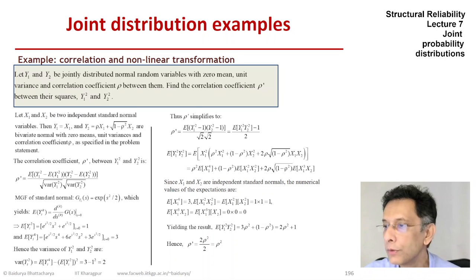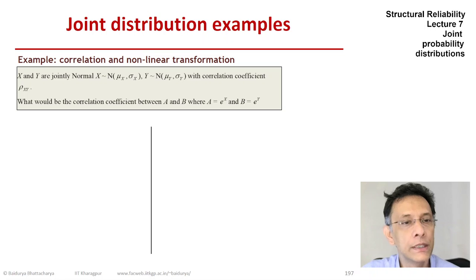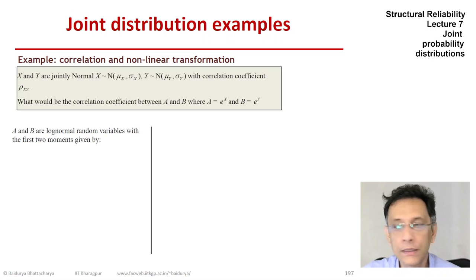The next example we take up also involves bivariate normals and correlation coefficient. We actually have seen this in the previous lecture, so we won't spend a lot of time on this, but if you want to rederive these, especially in terms of x and y being standard normal, then that would be a good exercise.